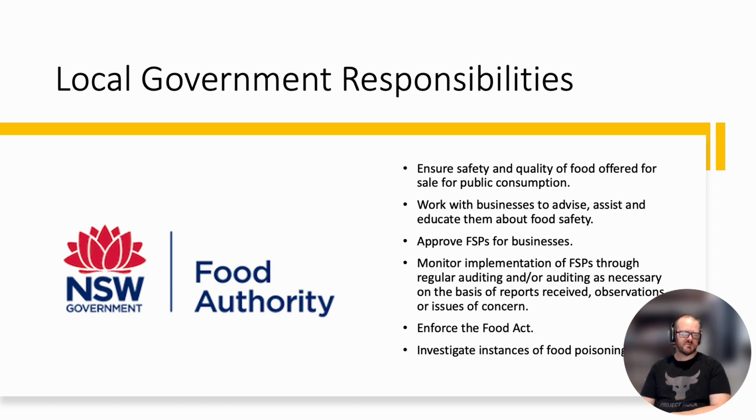Local government are responsible for ensuring safety and quality of food offered for sale for public consumption. Okay. They are the ones that approve the food safety programs for the business. They work with businesses to advise, assist, and educate them about food safety. They enforce the Food Act, okay, which was that legislation that we talk about, and they investigate instances of food poisoning. So pretty serious stuff there, okay.